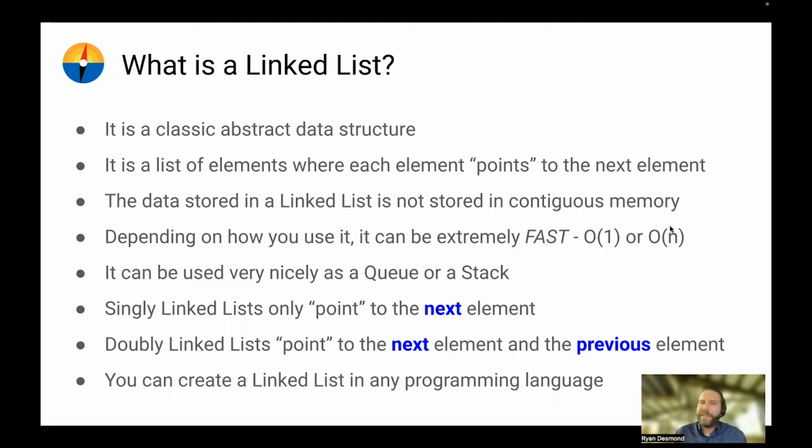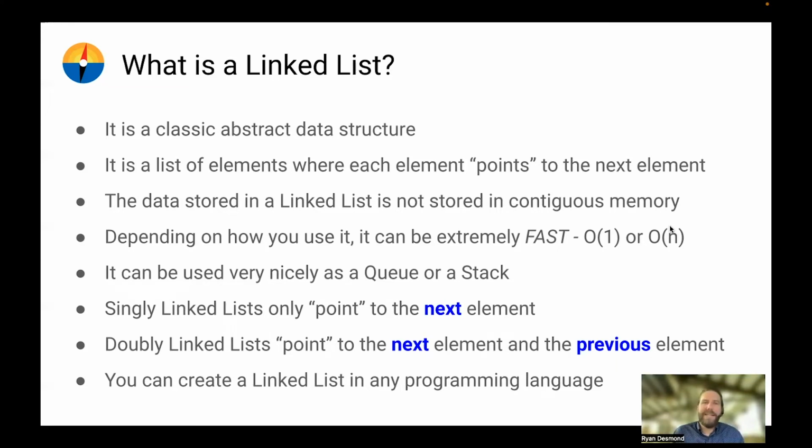There's a couple different types of linked lists. There's the singly linked list, and that's just where the linked list moves in one direction, right? Node A has a reference to node B, which has a reference to node C, but node C is completely unaware of node B or node A, right? It's a singly linked list. It just moves in one direction.